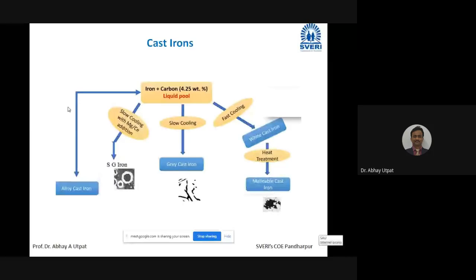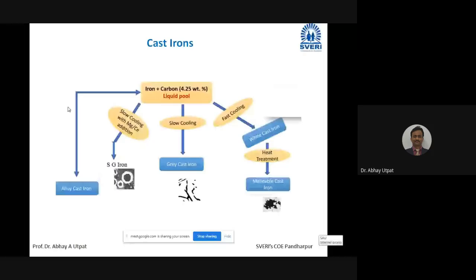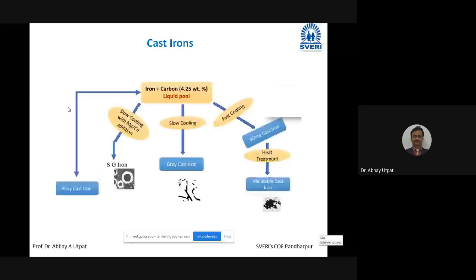But if you are cooling it without addition of this, then you will get gray cast iron, and fast cooling will give white cast iron, and heat treatment of white cast iron will give malleable cast iron.